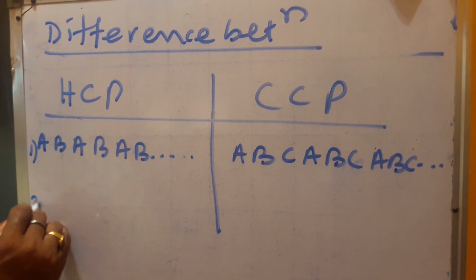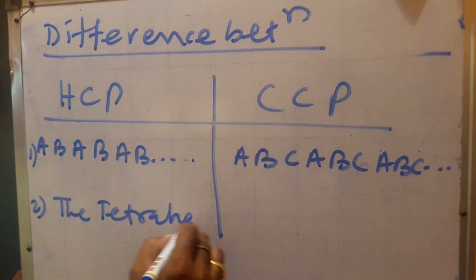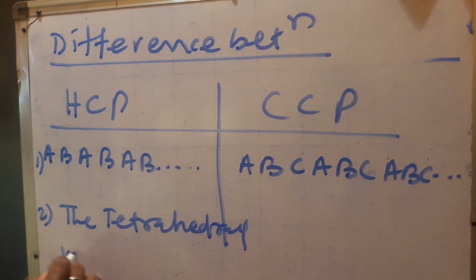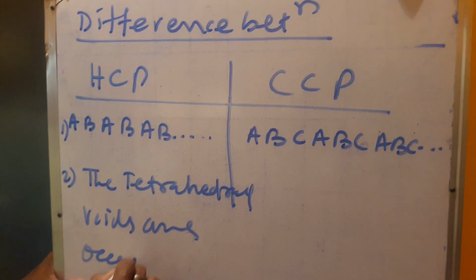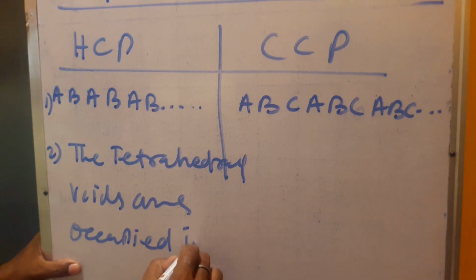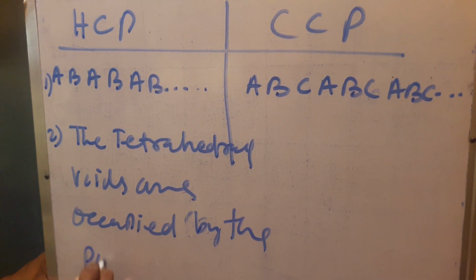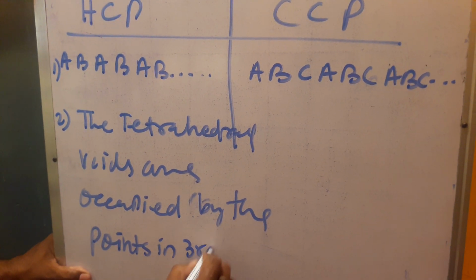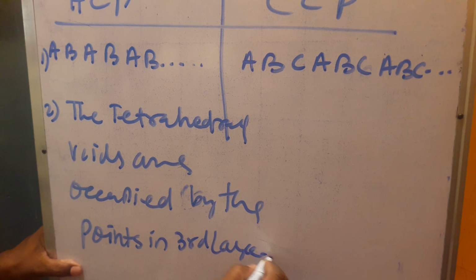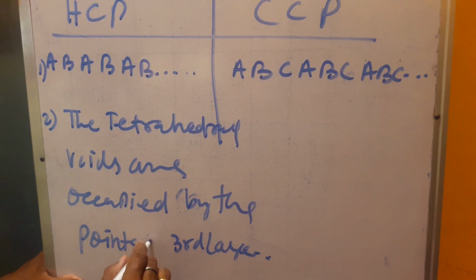Second, the tetrahedral voids are occupied by the points in the third layer. Okay, points of the third layer.